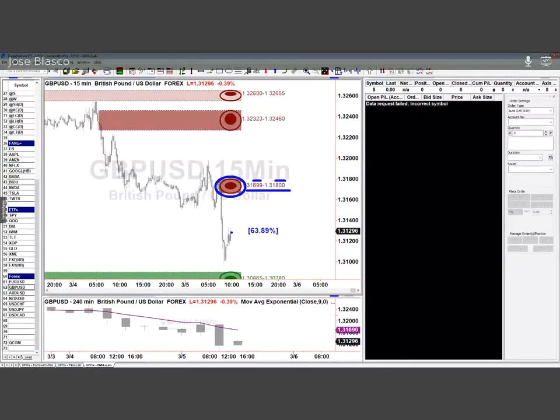Okay, so what would the plan be? Well, the plan B would be to wait for these to come to the UFO so we can take a short, expecting this market to fall down.